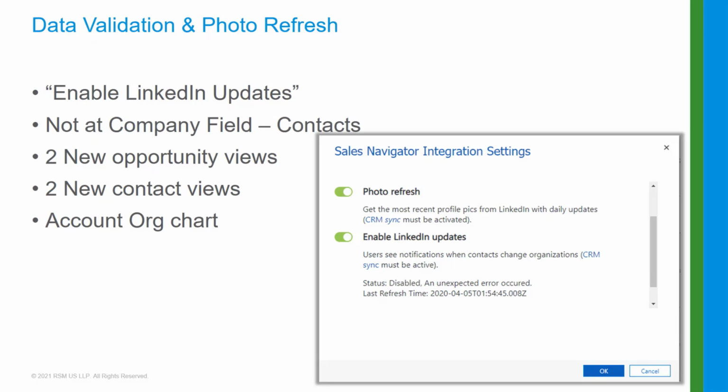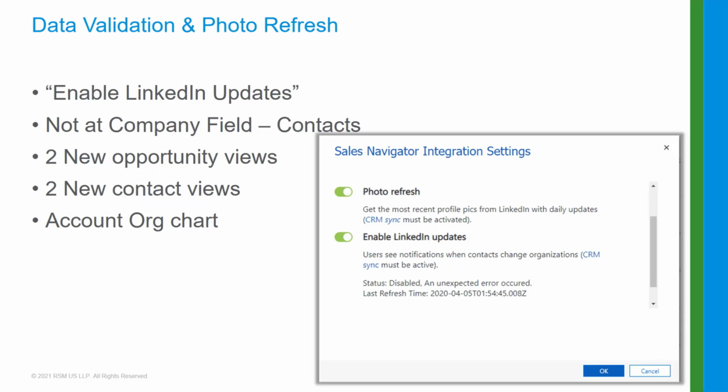The values in that field are No Feedback, Not at Company, and Ignore. So the way this works is that when the current company of a LinkedIn contact does not match the account the contact is related to in Dynamics 365, the field is going to be set to Not at Company.